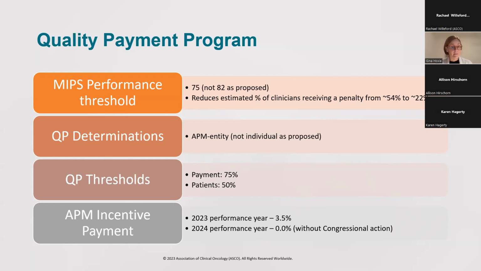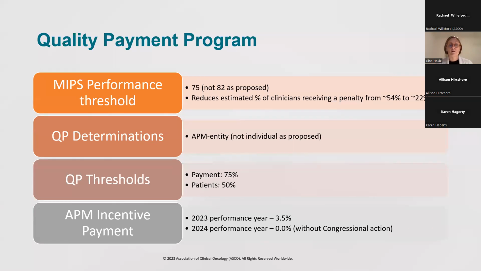They have decided not to finalize this threshold of 82, and they're keeping it at 75, which does reduce the estimated number of clinicians that would receive a penalty. CMS estimates that it would be about 22%.